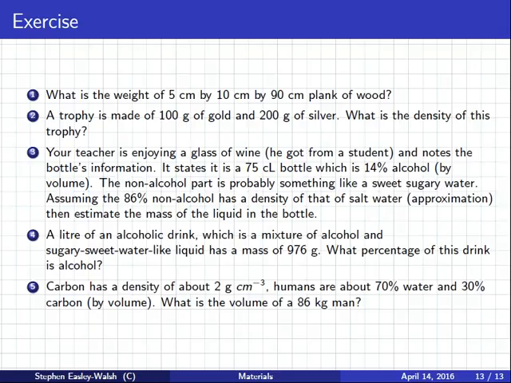976 times 0.001 is 0.976. Wait, no, I should divide. 976 divided by 0.001 is 976,000. That's the density. Then what? A liter of an alcohol drink.